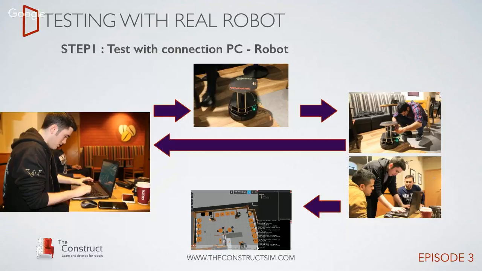And once it's working again in the simulation, you go live to the real robot and repeat the cycle. So basically, this slide contains the whole testing process of your ROS code with a real robot, optimized to go faster.